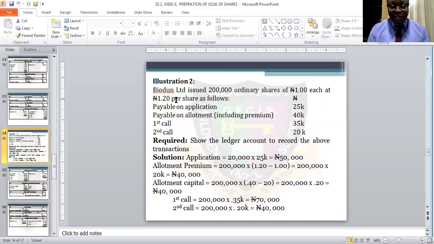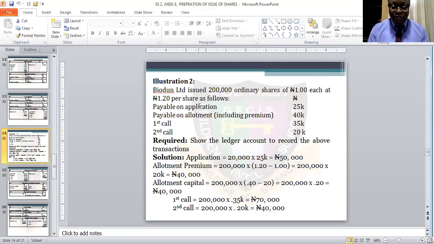You subtract 1 naira from 1 naira 20 kobo. So that is 20 kobo, 20 kobo divided by 100 kobo simply means 20 divided by 100, that will give you 0.2. When you multiply 0.2 by 200,000, that will give you 40,000 naira.